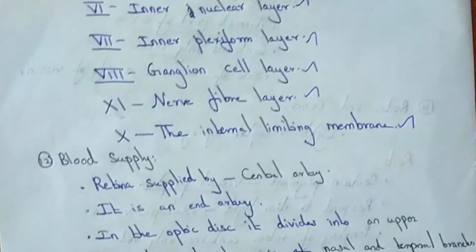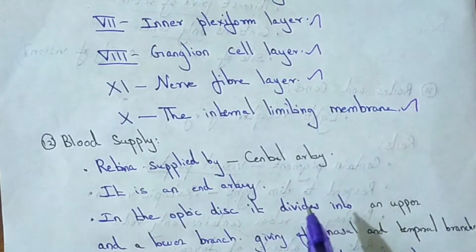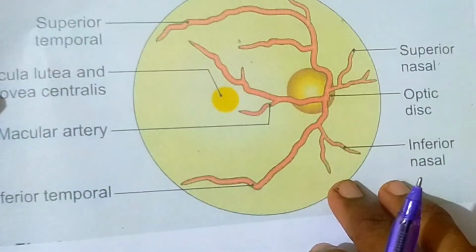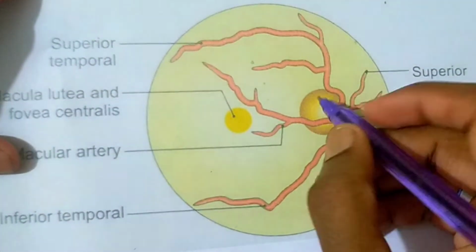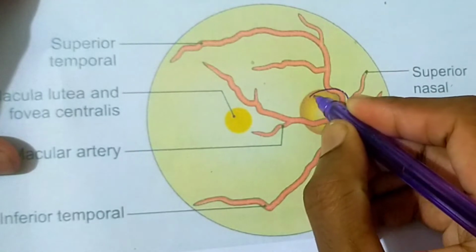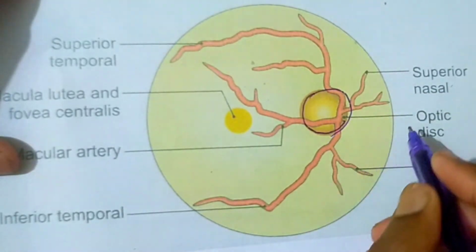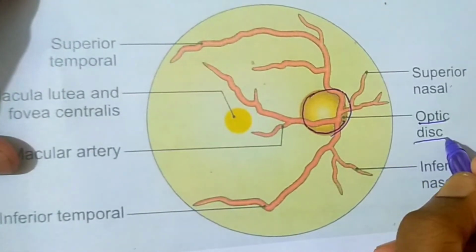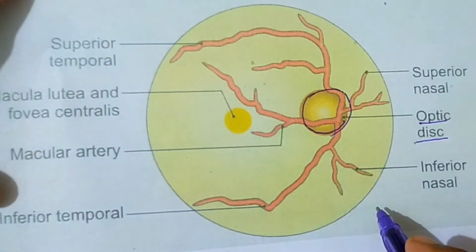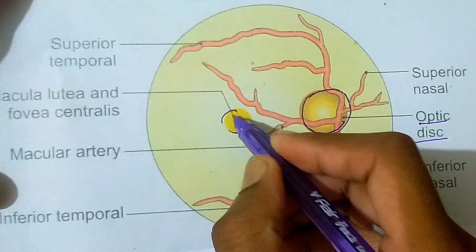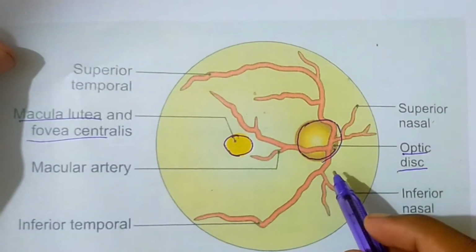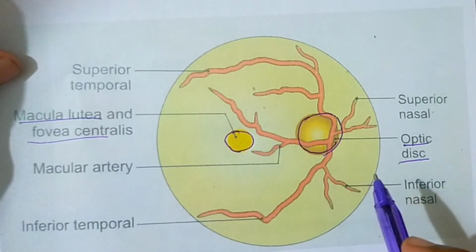Now let's see about the blood supply. Before we go to the blood supply, we must see this diagram. Okay, this is the diagram. This yellow round large portion is called the optic disc. Got it? And here is the macula and the fovea centralis. The retina is mainly supplied by the central artery.